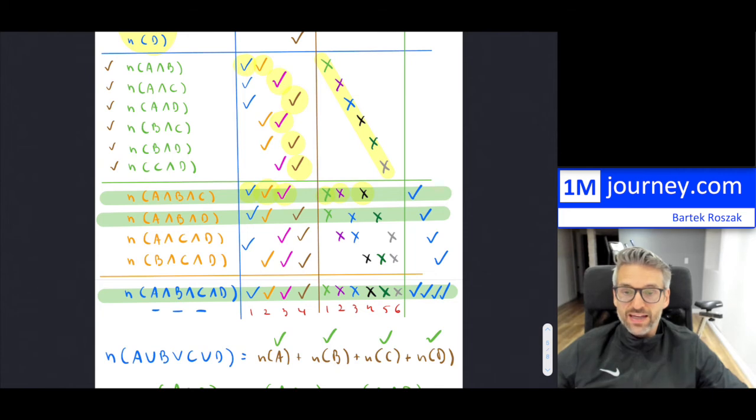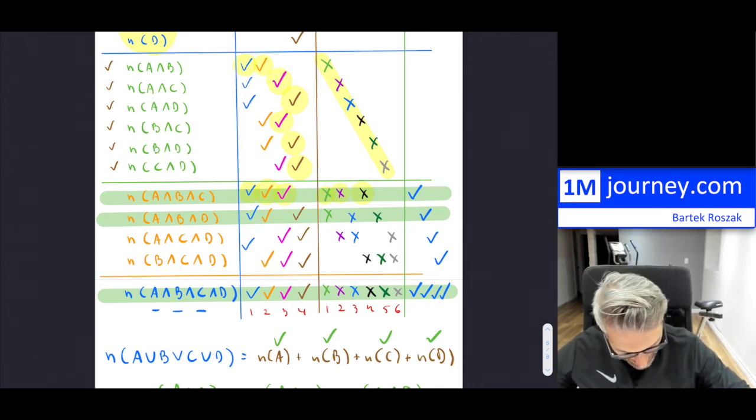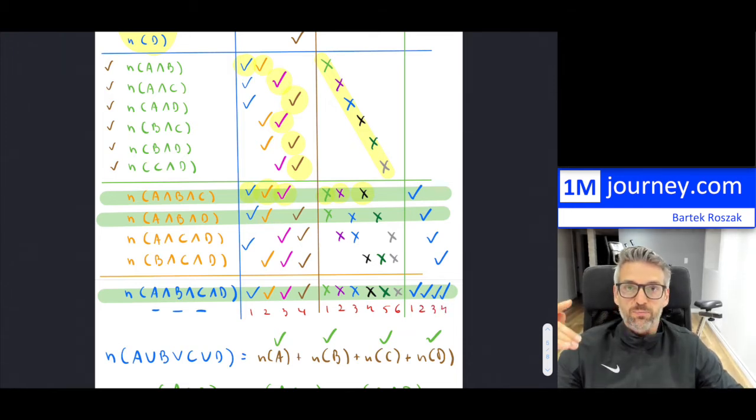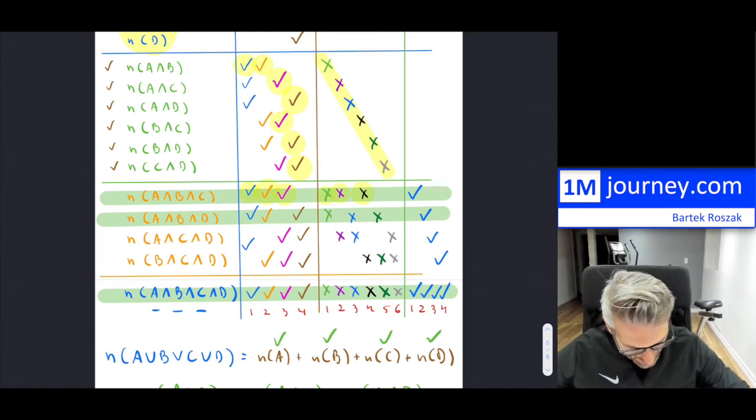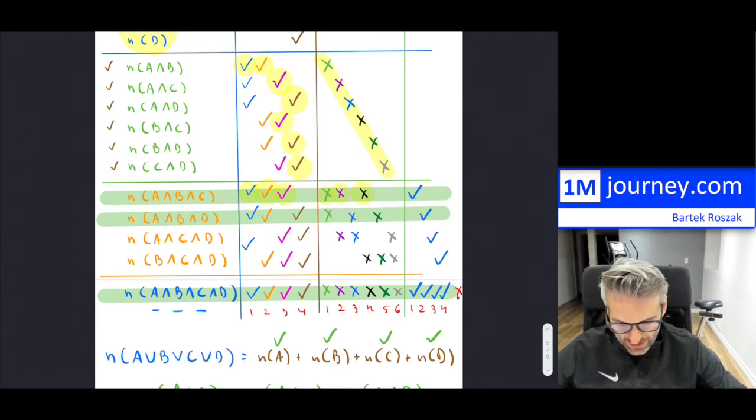Okay, so now I'm minus 2. So I've excluded them 2 times. I've added them 1, 2, 3, 4. So now again, I am plus 2 because now I counted them up again. So that means I have to finally at the end subtract one of them to finally get the total union.